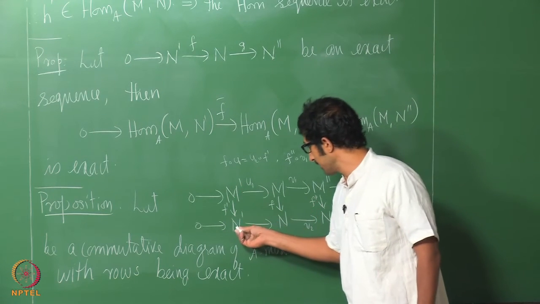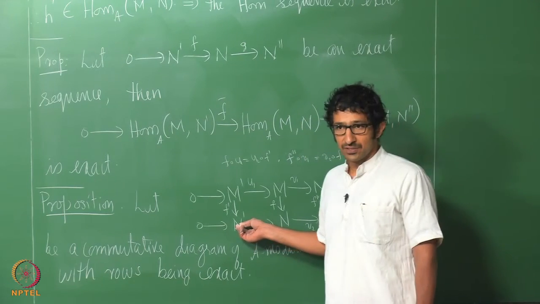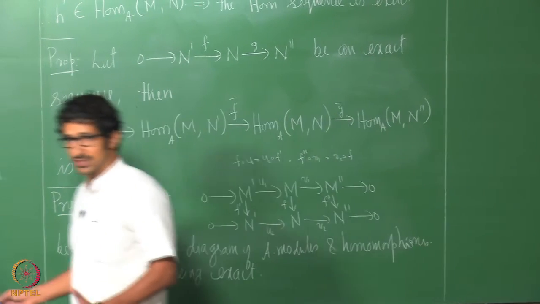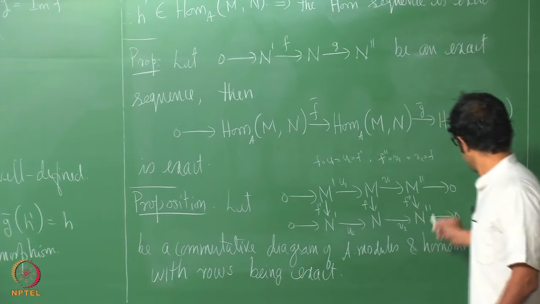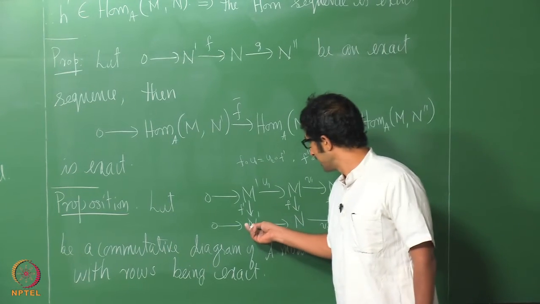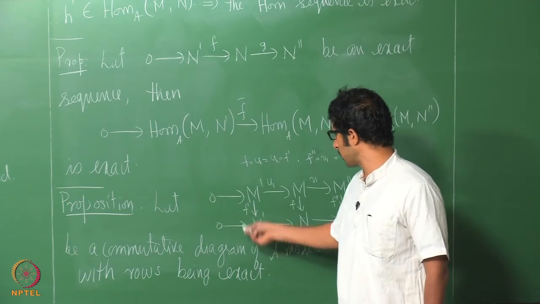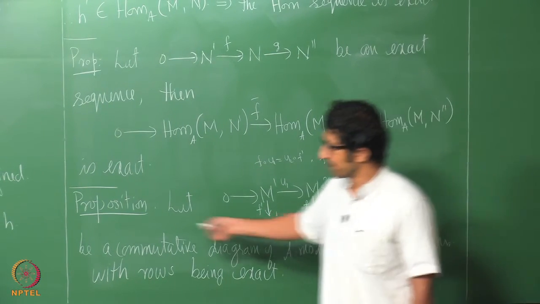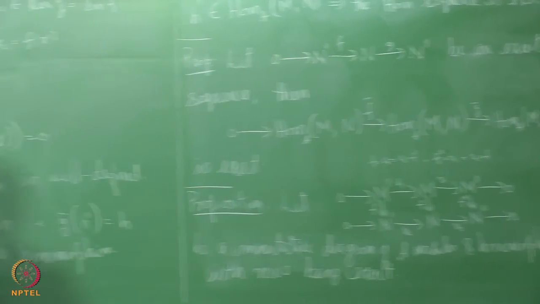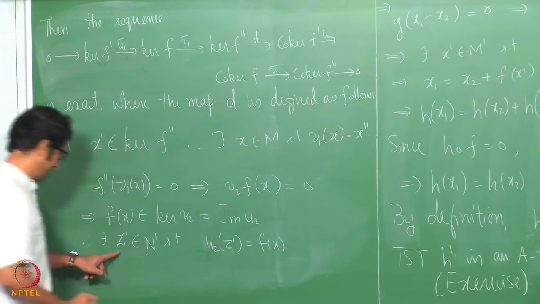So, we have now got hold of an element. Immediately what we should do is define d of x double prime to be, since we want a quotient of n prime, z prime bar.